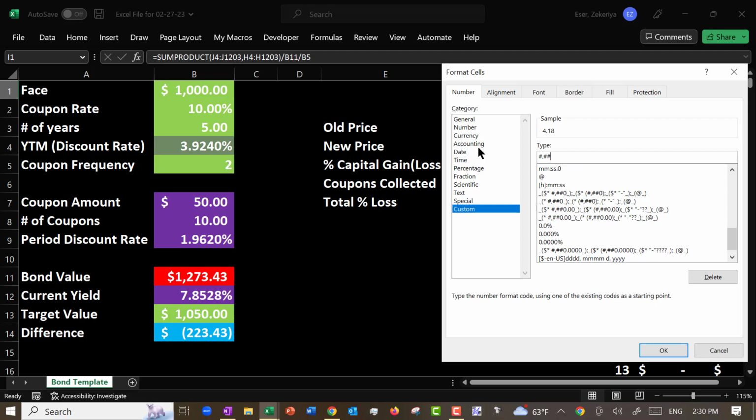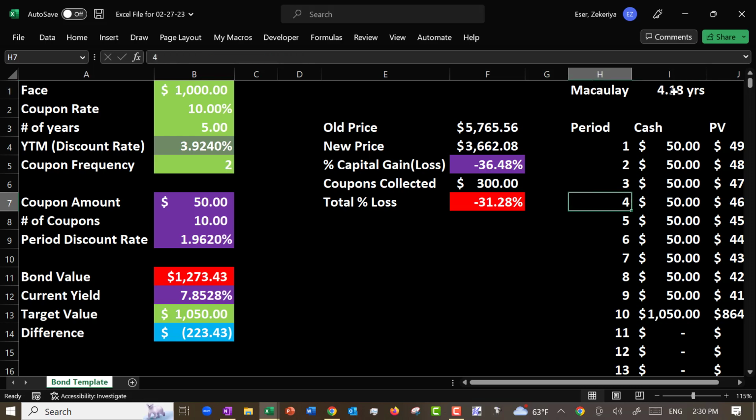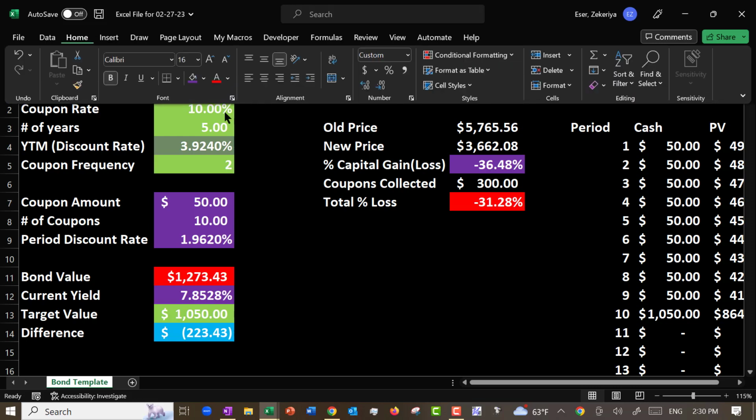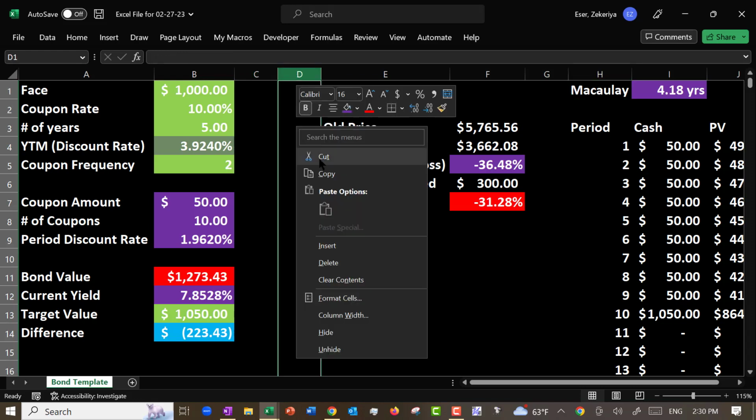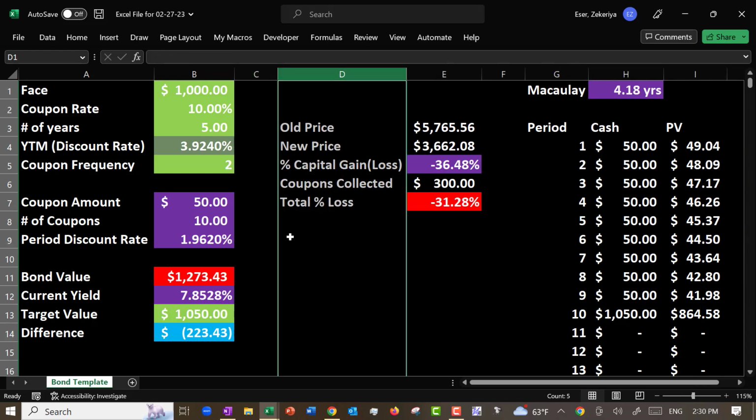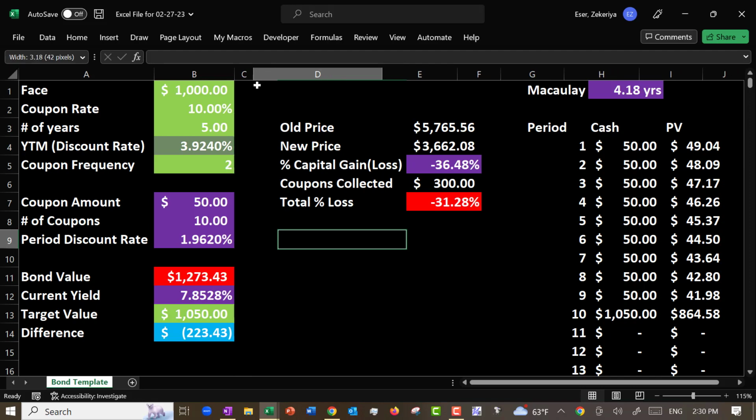Which says just type YRS after that. Okay. That means, effectively speaking, duration of this bond is 4.18 years.